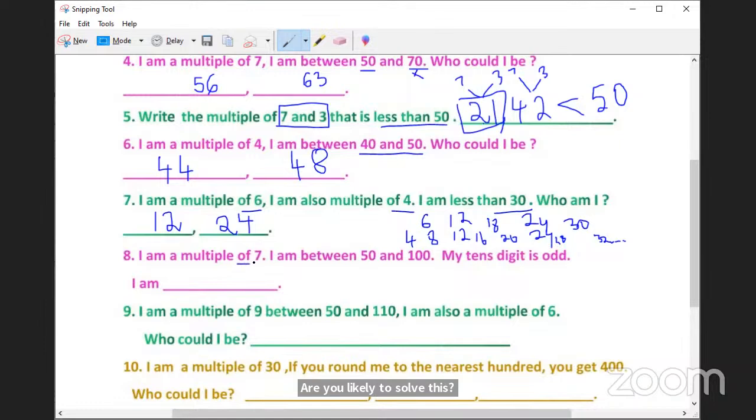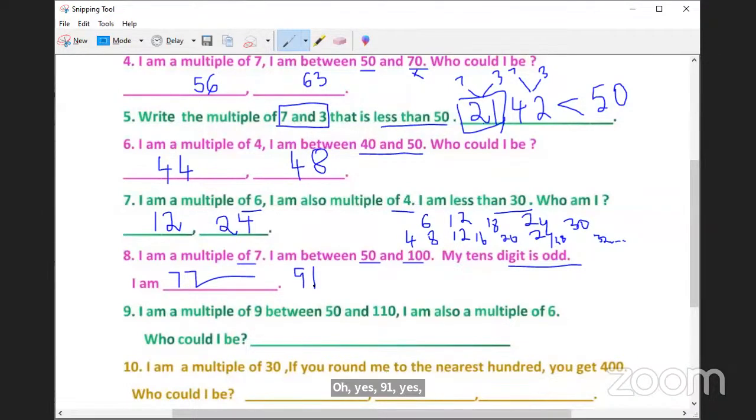Okay, I am a multiple of 7 and I'm between 50 and 100. My tens digit is odd. So it can be 77. Multiples of 7, yes, 91.